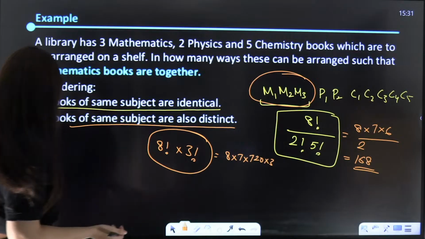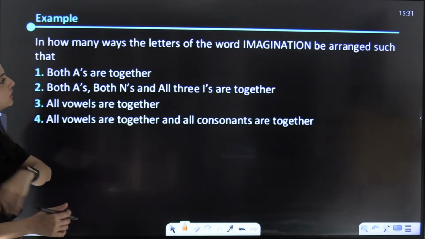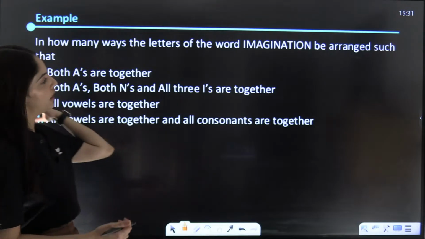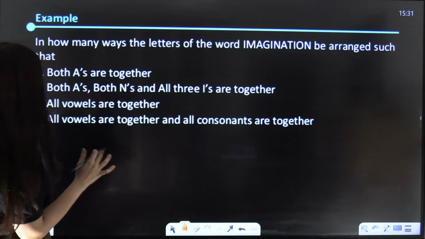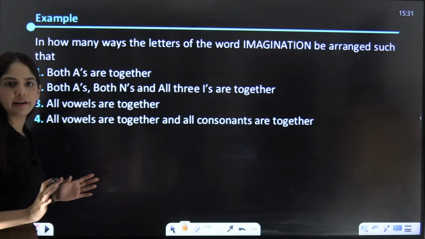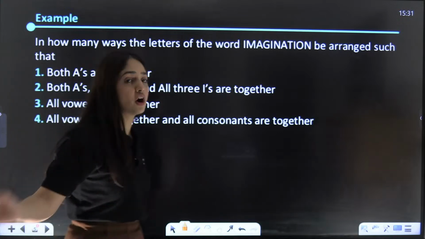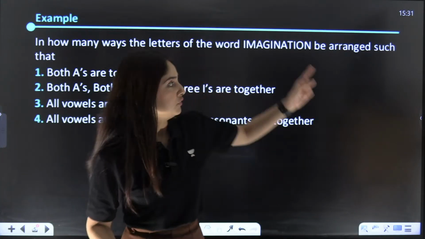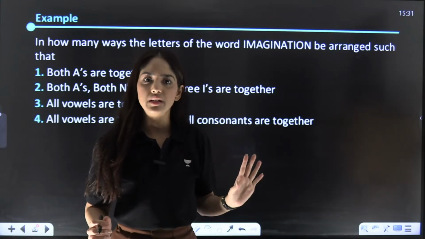Okay, so now we have the word imagination, and we need to arrange the letters of this word, and we have 4 problems related to it. First of all, if you remember from the previous class, what is the first step of such problems? We count all the number of letters in this.